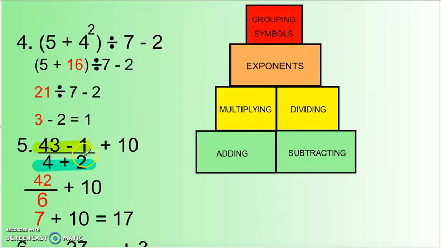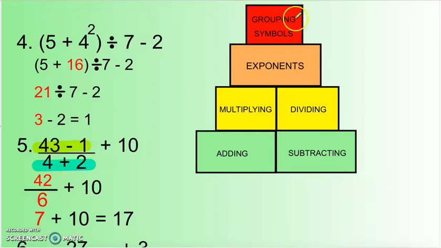Okay, perfect. So whenever you see a long division symbol, this line represents division, and I need to make sure I do the top of that, because I don't even know what numbers I'm dividing. So I've got to treat this as one sentence and this as one sentence. So I'm going to do 43 minus 1, 42, and 4 plus 2 is 6.